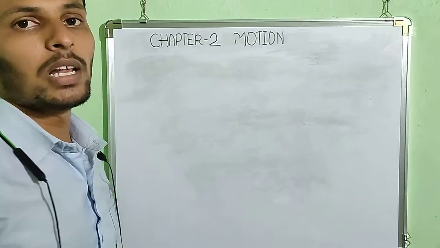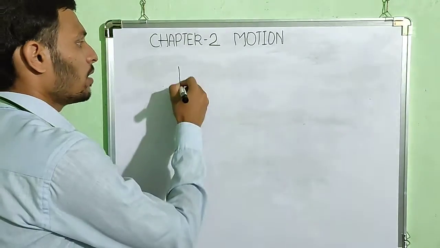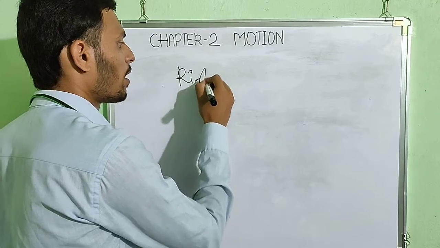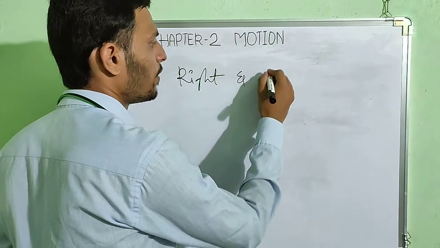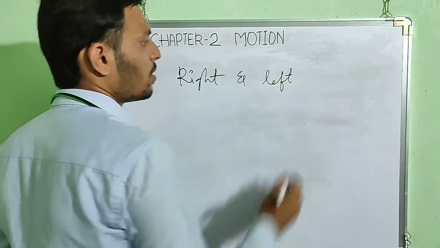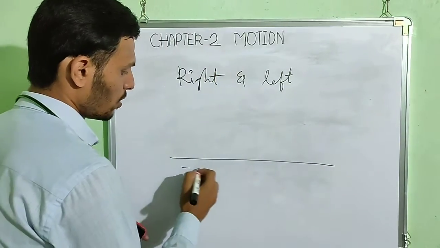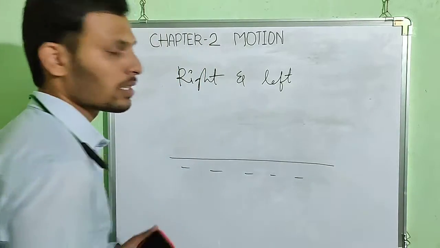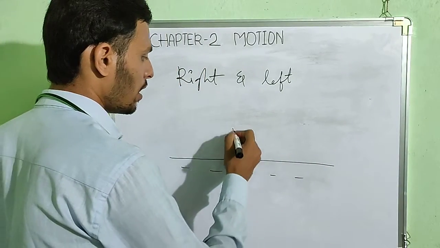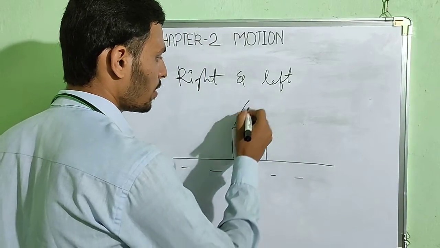See, for this I'll tell you one example: right and left. Let us just consider this is a road and there is a house over here at the center.